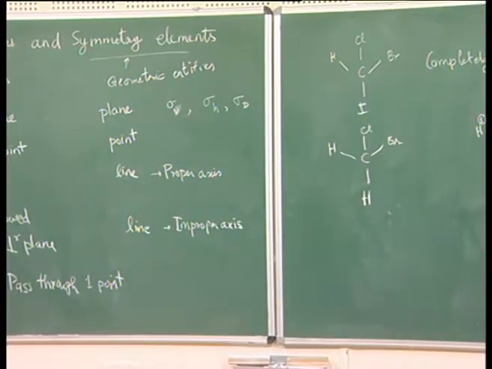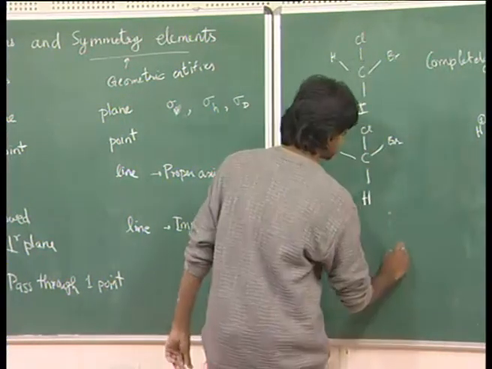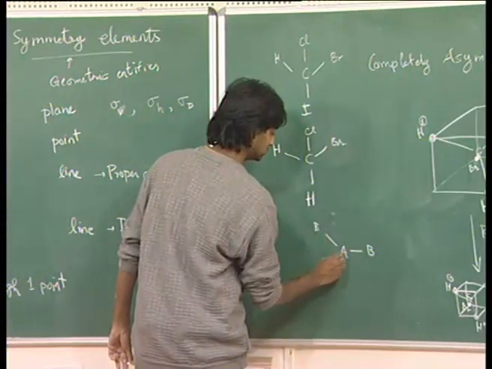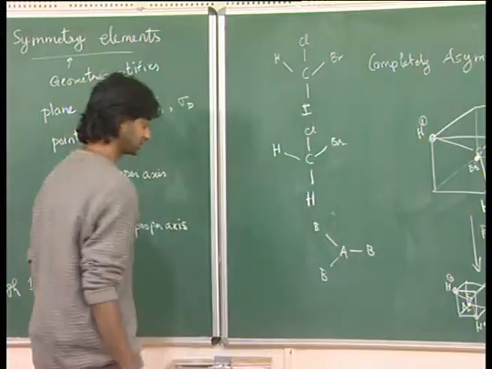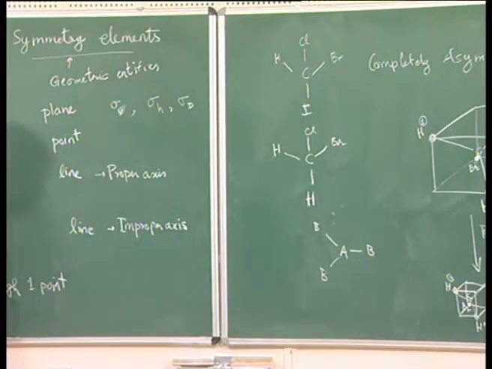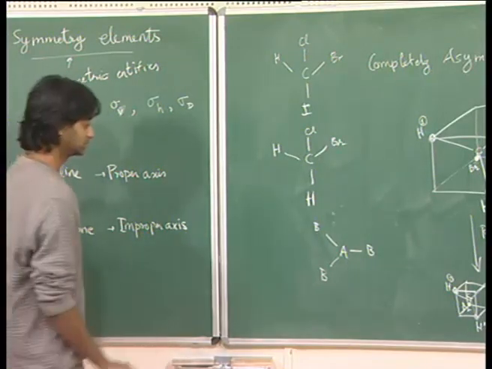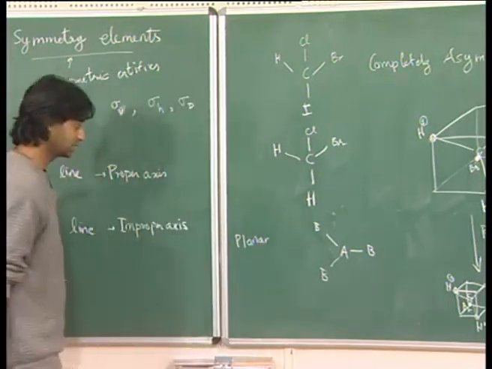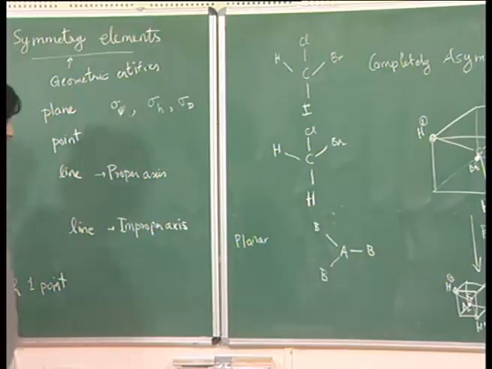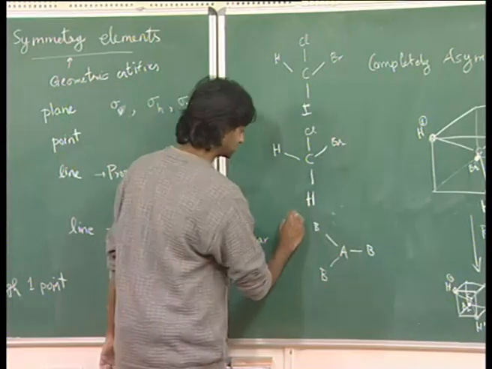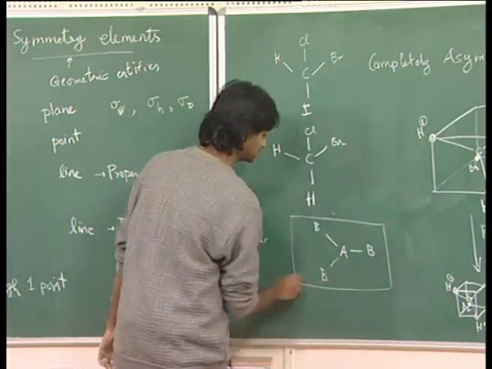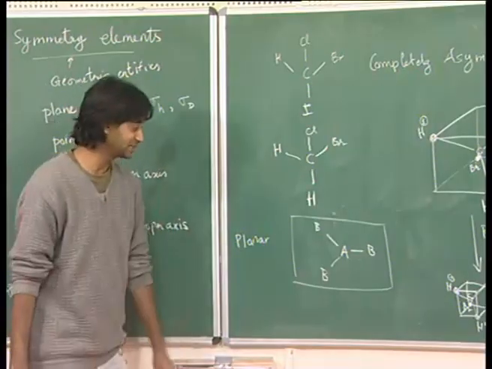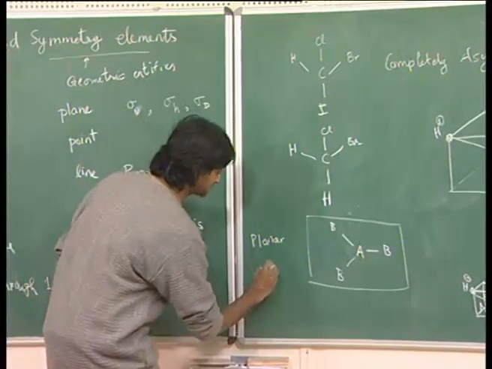Now, suppose you had a molecule of this type, an AB3 molecule, a planar molecule. This has one plane of reflection. If you reflect about the plane containing AB3, that's called a sigma h.